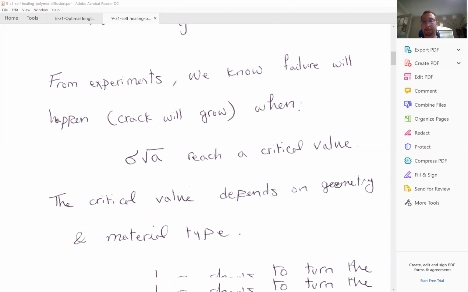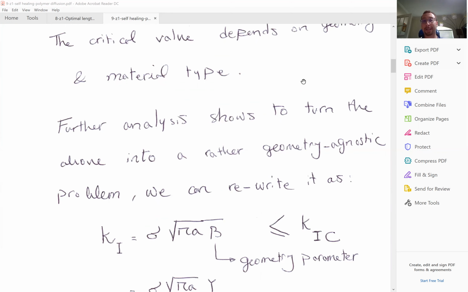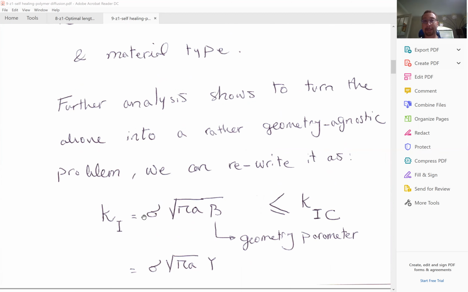The science of fracture mechanics actually allows us to do that and define this sigma times the square root of a, basically multiplied by some geometrical parameter beta, so that sigma square root of pi a times beta, if it reaches a critical value for different geometries, for a single material, the crack will grow. So this beta depends on geometry.